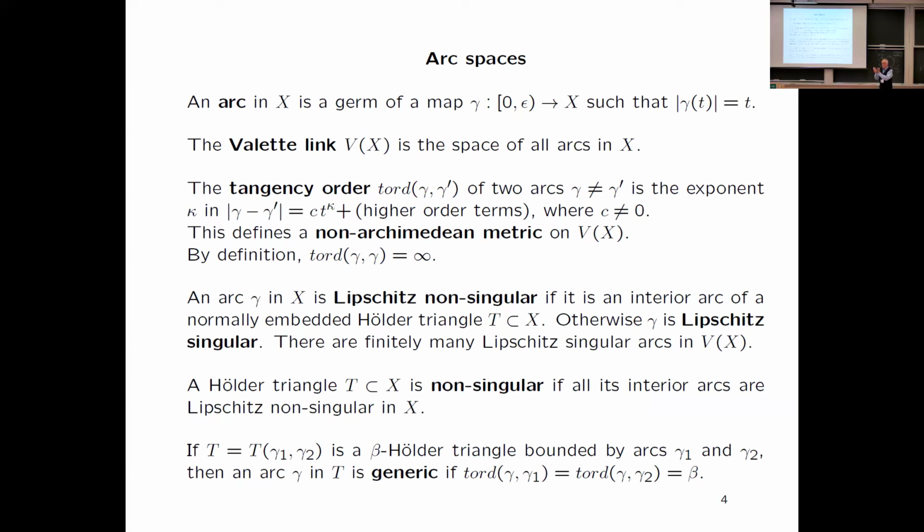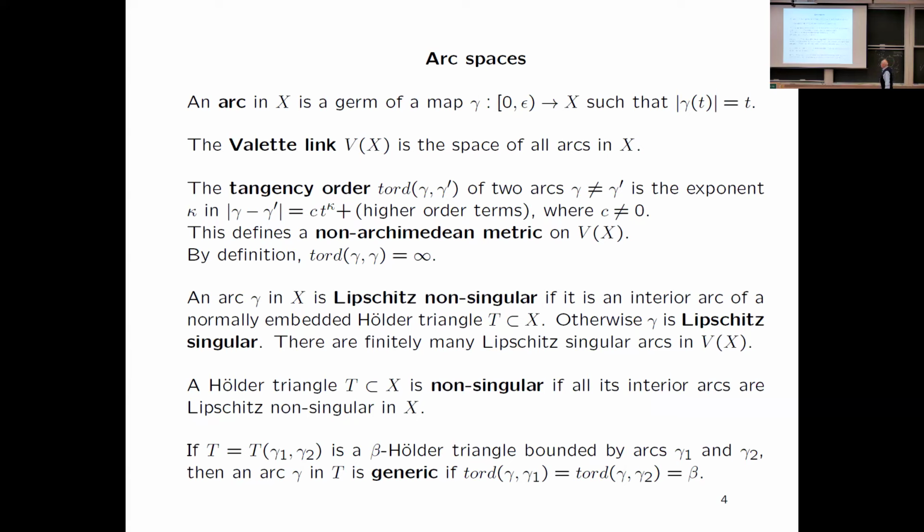Like you have a corner, and when you go to the origin, the angle goes to 0. That would be a Lipschitz non-singular link with a Lipschitz singular arc. And again, there are finitely many of them, which is good. And that's the only thing that we can really choose as outer Lipschitz invariant in our sets below.